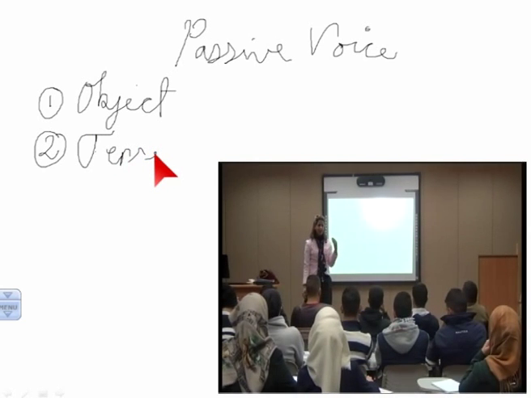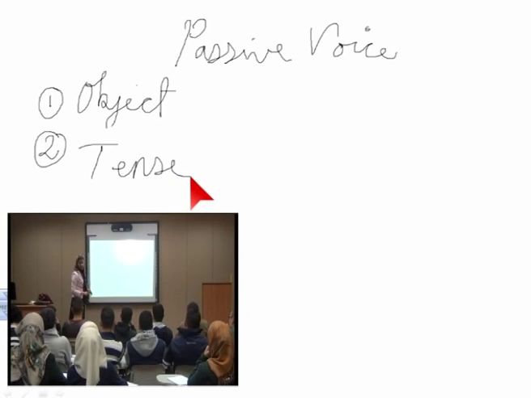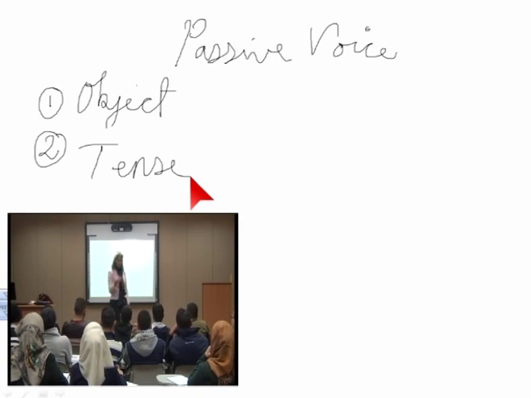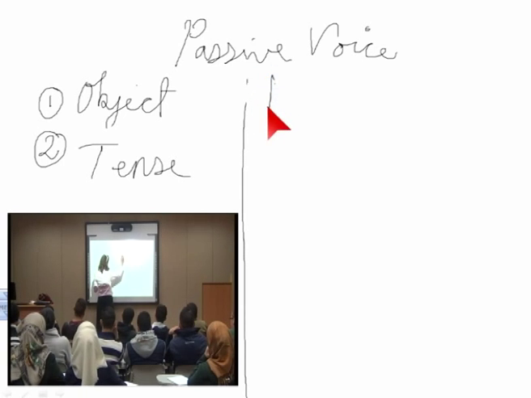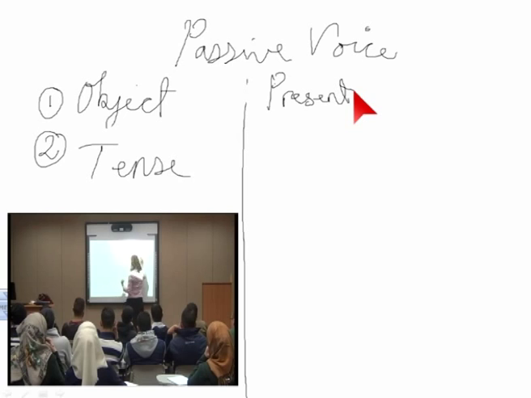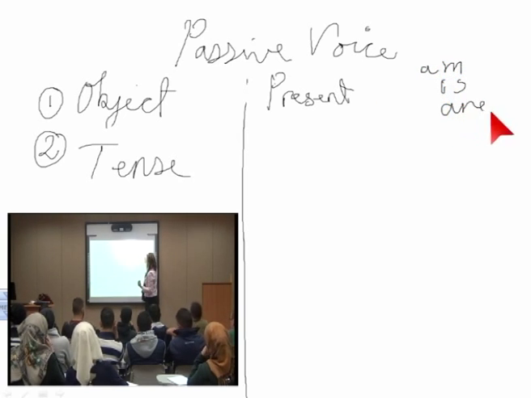You must know what the tense is. For example, if we are talking about the simple past or the simple present, you're going to use verb to be in the simple past or in the simple present. If you have present, if it is simple, it means you're going to use am, is, are.